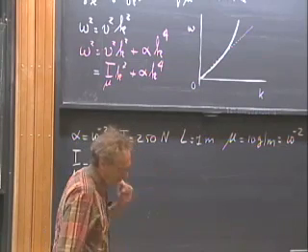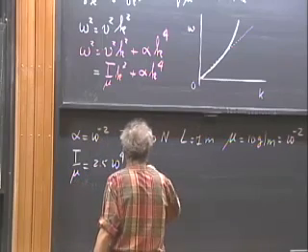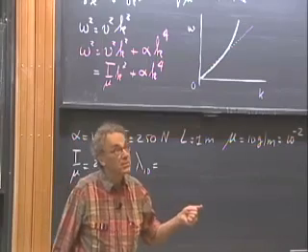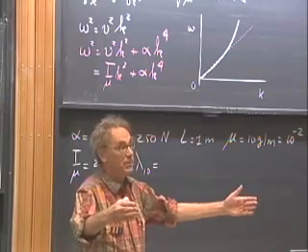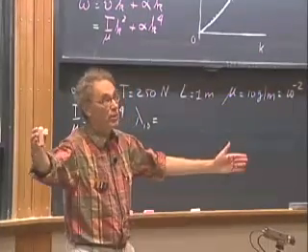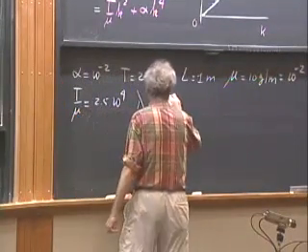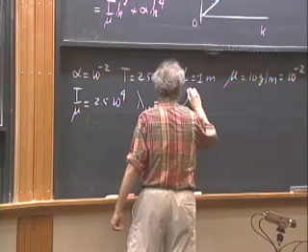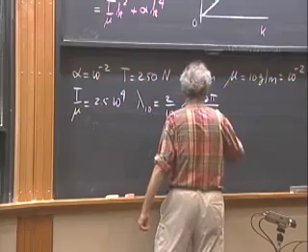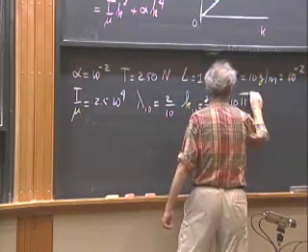I have to know what k is. Well, lambda 1 is 2 meters, right? Fixed at both ends. If the length is 1 meter, then lambda 1 is 2 meters. So lambda 10 is 10 times smaller. So that is 2 divided by 10. So k 10, which is of course by definition 2 pi divided by lambda 10, is then 10 pi.